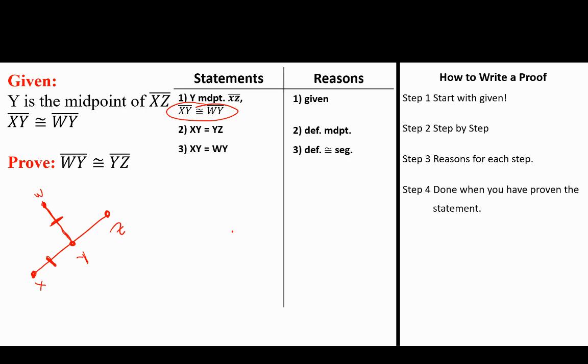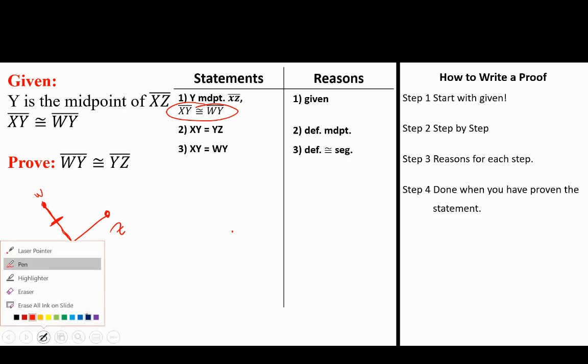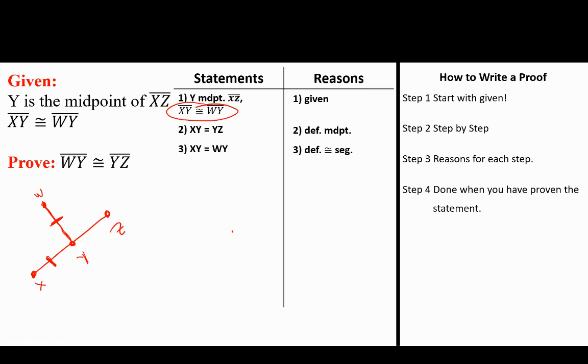So I can say, let's change to a different color here. We'll go purple. I can say these are the same length, definition of midpoint, and I can say that, we'll go green, these are the same length because of the definition of congruent segments. Okay. Let's see if I can erase those without erasing my picture.